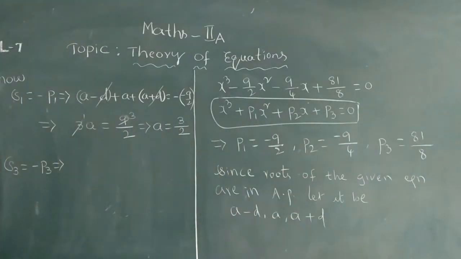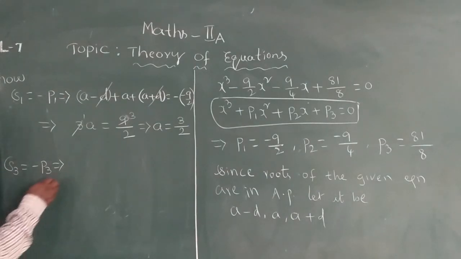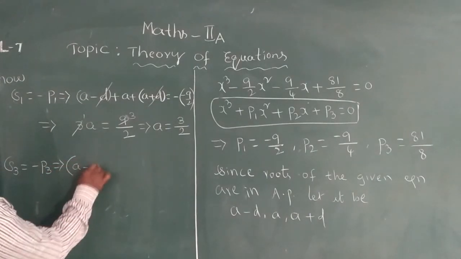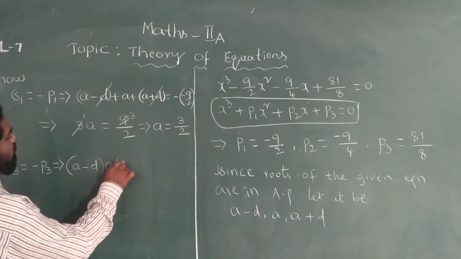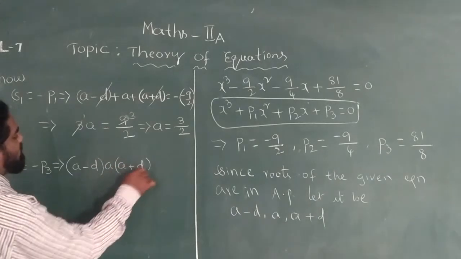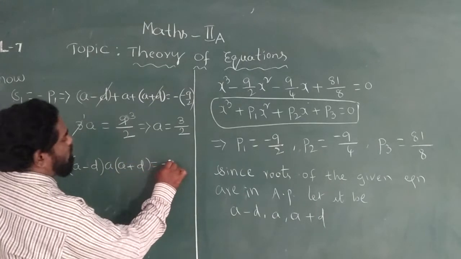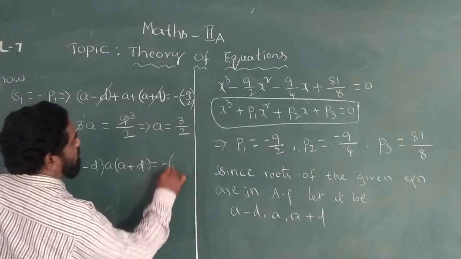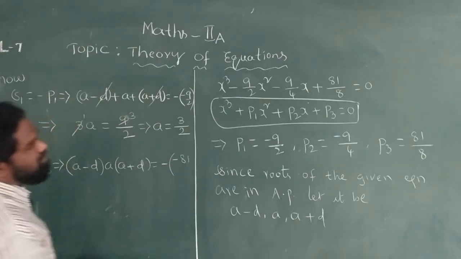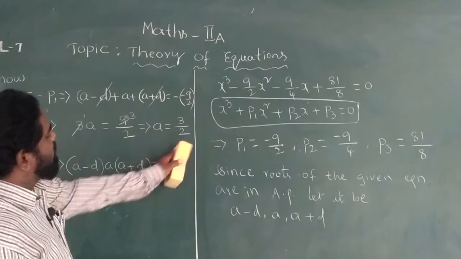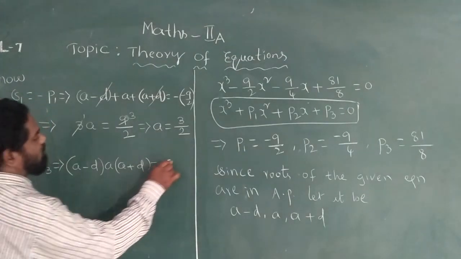Okay? S3 means the product of the roots, a minus d into a into a plus d, equal to minus p3, which is 81 by 8.